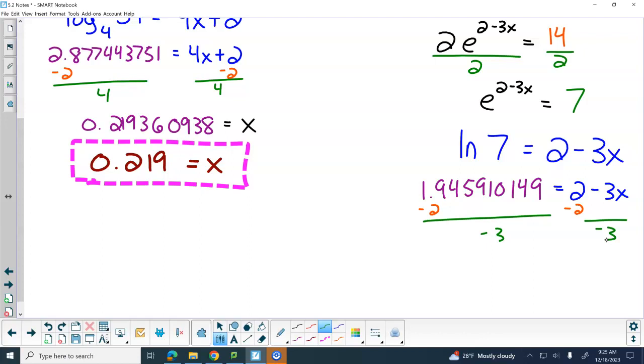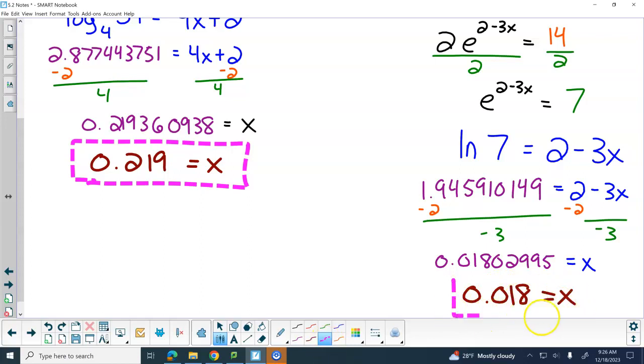And that gives me 0.0180299. Questions, comments, concerns, clarifications on that?